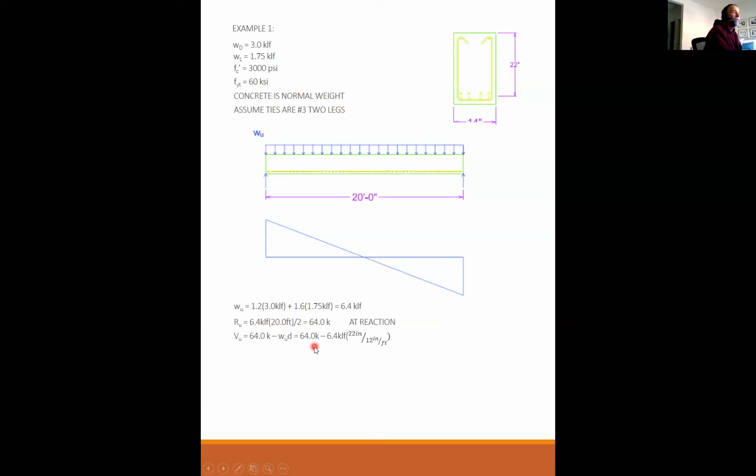So I have 64 minus 6.4 times D, which is 22, and then I converted it to feet. And that gives you 52.3 kips as my VU at D from the end. So I labeled it here. Here's my RU at the very end. Here's my design VU at a distance D from the end. Any questions about that?